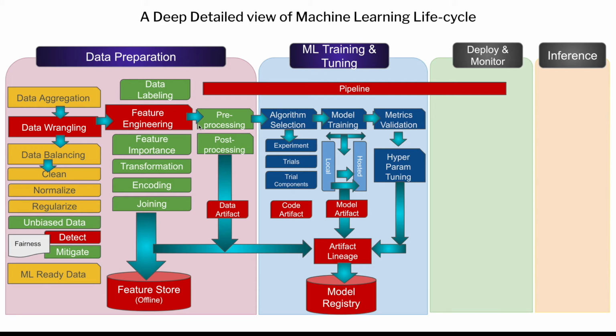When you perform your machine learning training, all the metadata related to your training and model, and some of the data artifacts, can be stored in the experiment tracking part of their monitoring platform. And that model can also be exported to the model registry.